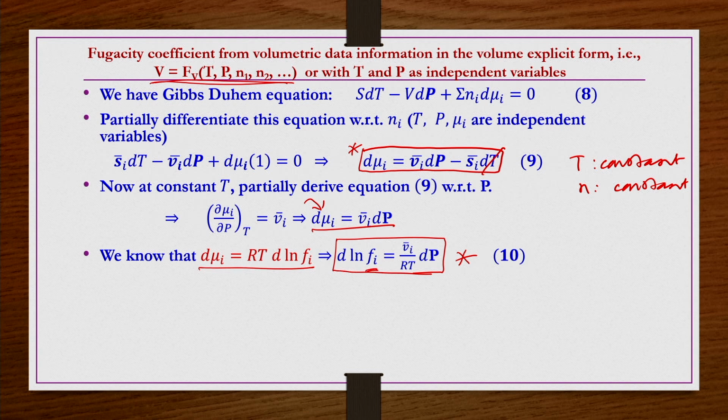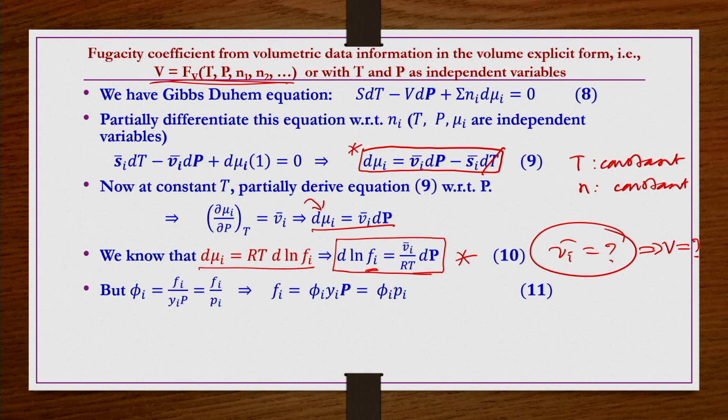So this is what we want, but in order to solve this equation you should know Vi bar, and you can get this Vi bar only if you have the volume V as a function of temperature, pressure and composition. Let us go further into the details of this derivation. Phi is nothing but fi by yiP, and yiP is nothing but the partial pressure pi for this system.